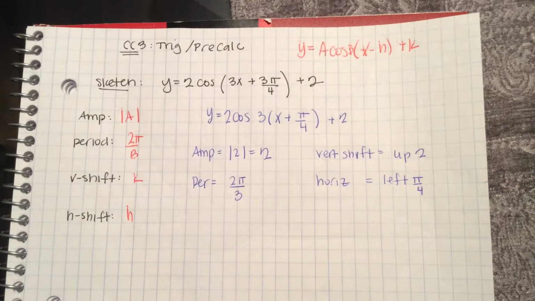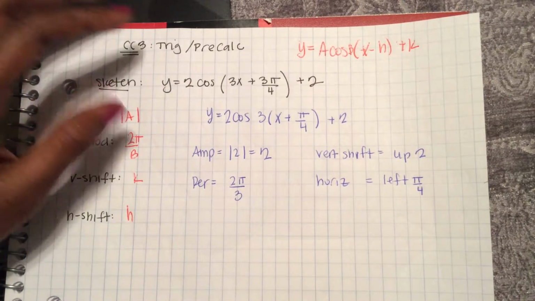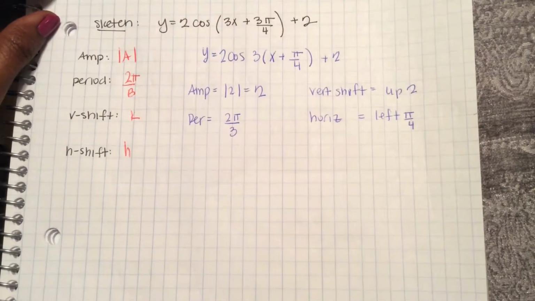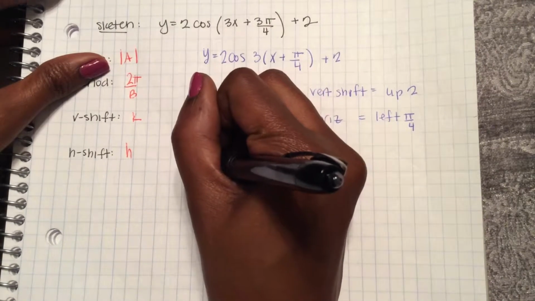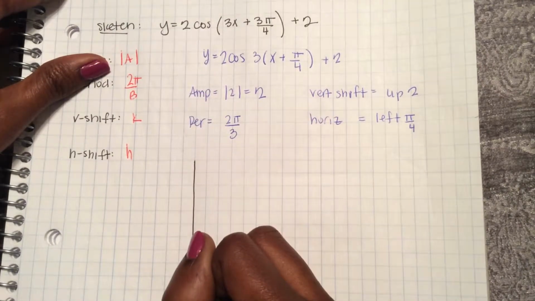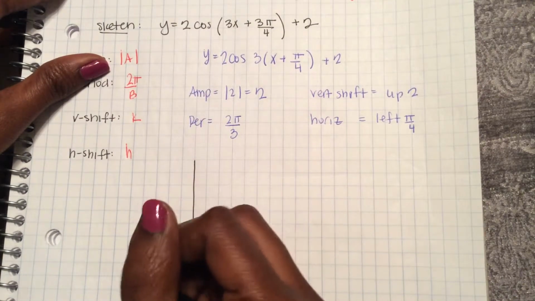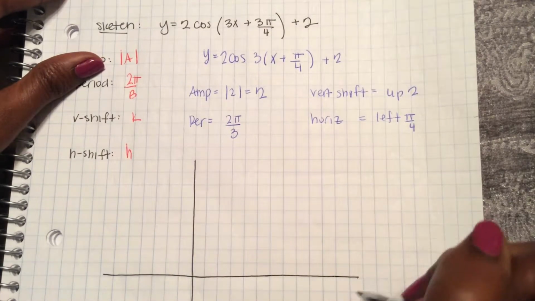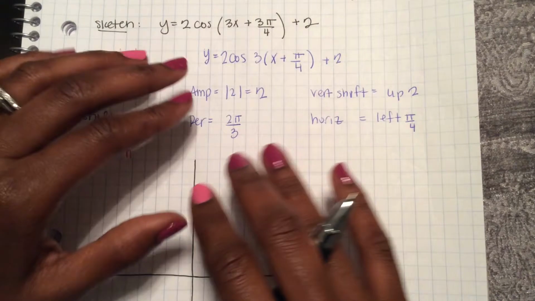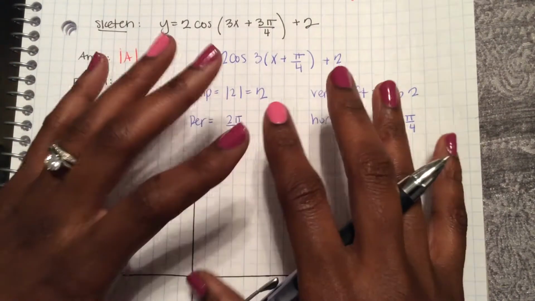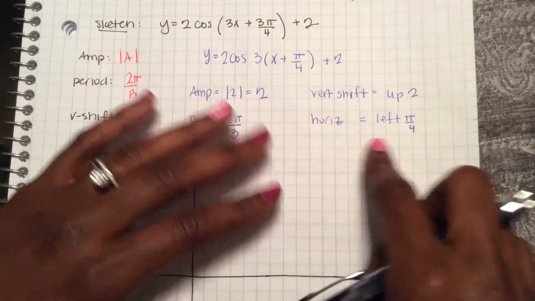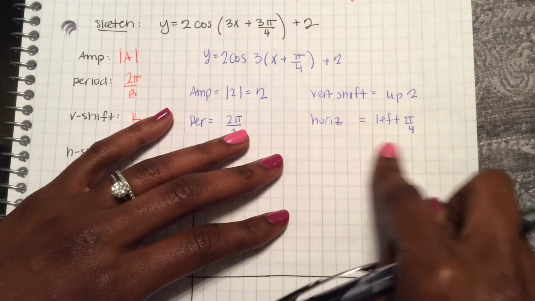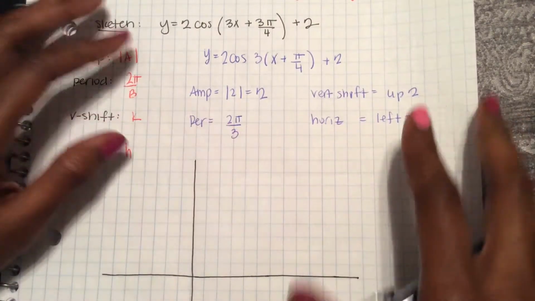So if I am trying to sketch this graph, I need an axis. So what I'm going to do is sketch my original curve first, and then I'm going to shift everything left and up.